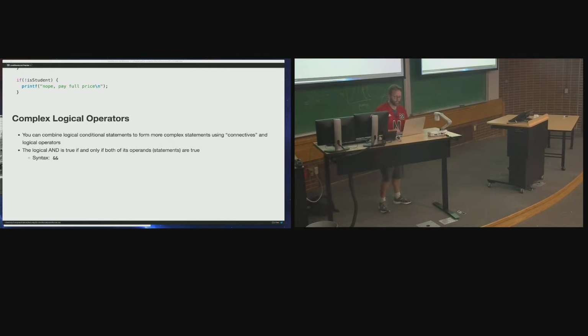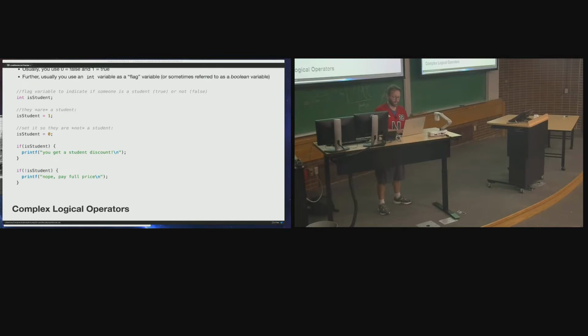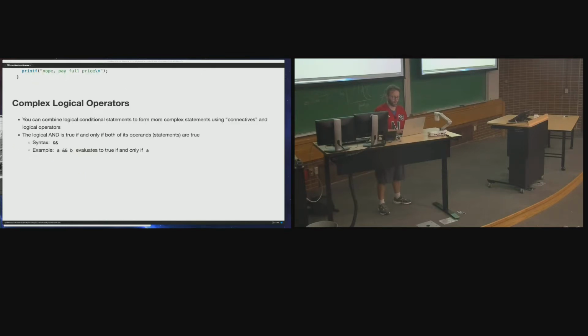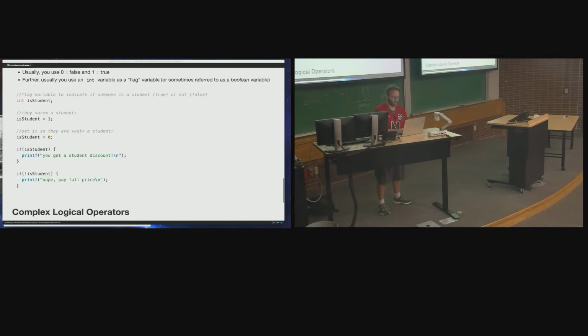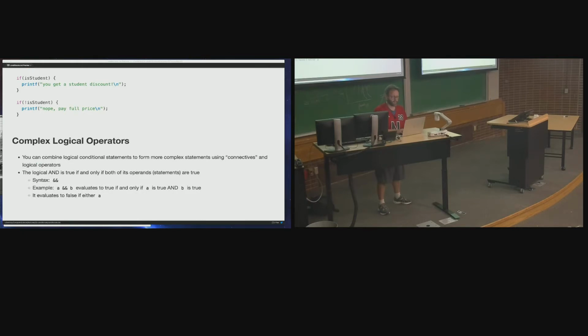All right? So it's ampersand, ampersand. An example would be A and B evaluates to true if and only if A is true and B is true. Another way of thinking about that is it evaluates to false if either A is false or B is false.